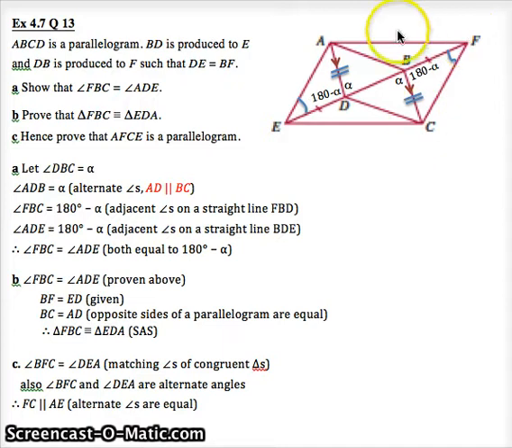The last thing that we need to prove is that AE is equal to FC. Those two sides are opposite the 180 minus alpha angles, so they are corresponding sides of congruent triangles. I'm just going to mark those in. Those equal sides have been marked in with the triple dashes. So now we can write that up.